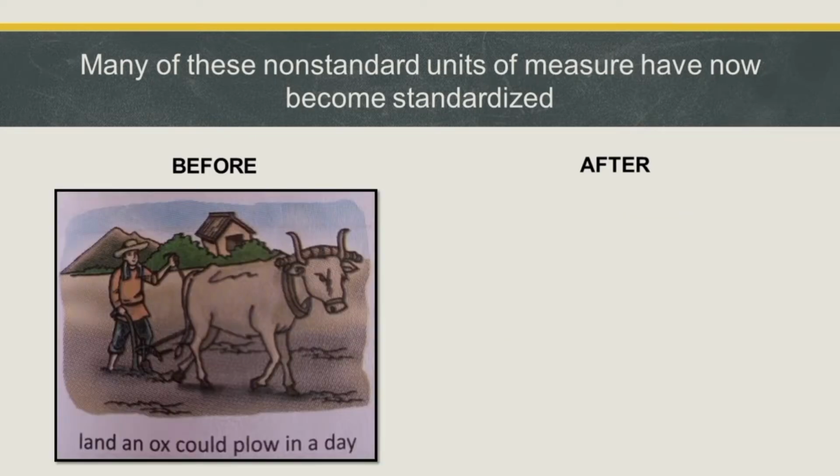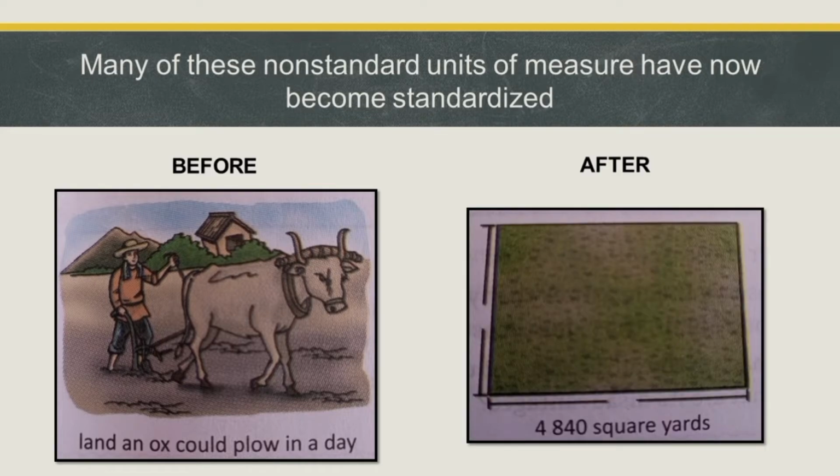The land an ox could plow in a day is now equivalent to 4,840 square yards. These are the examples of non-standard ways of measurement and their counterparts in the standard units of measurement.